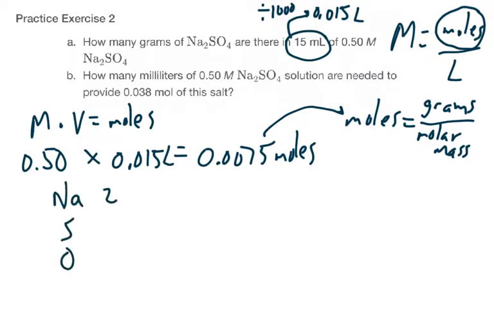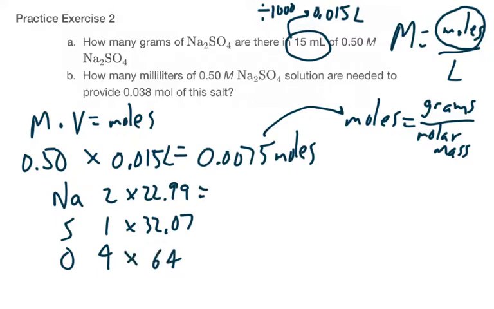There are 2 sodiums, 1 sulfur, 4 oxygens. Sodium is 22.99. Sulfur is 32.07. Some periodic tables have it at 32.06. This is 64. When we multiply and add these up, these are the numbers that you're getting.